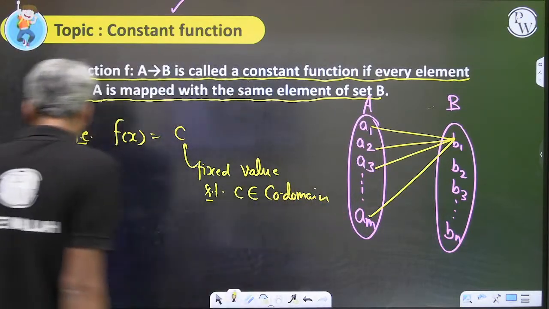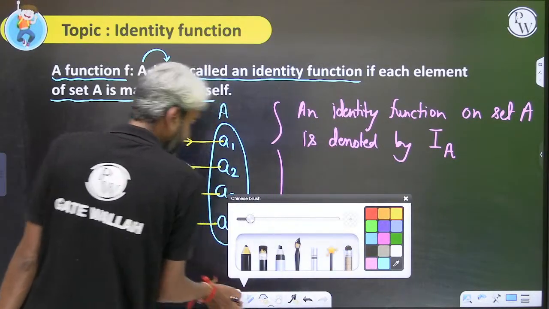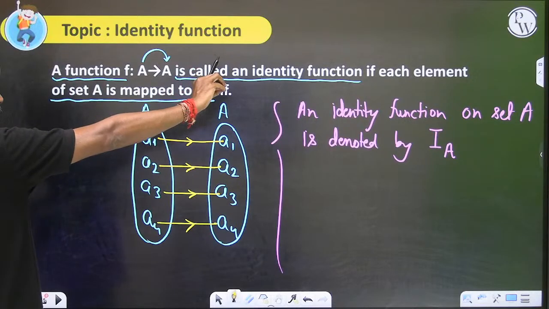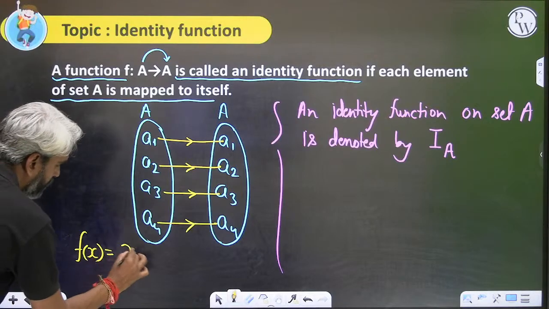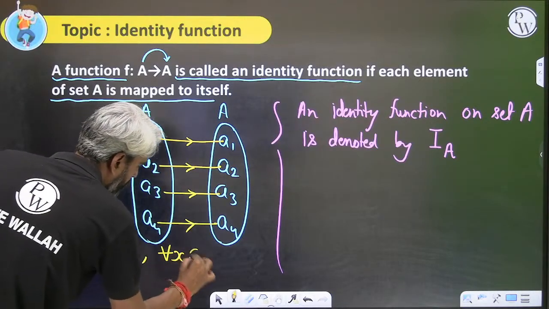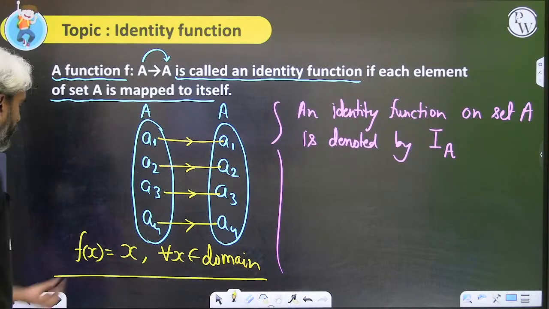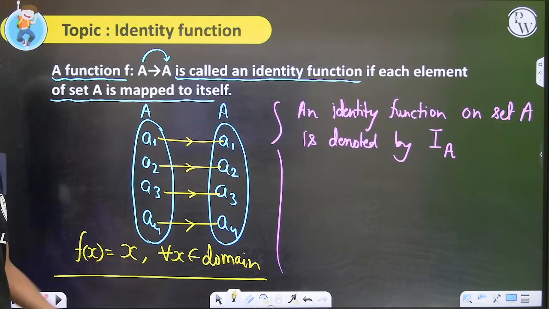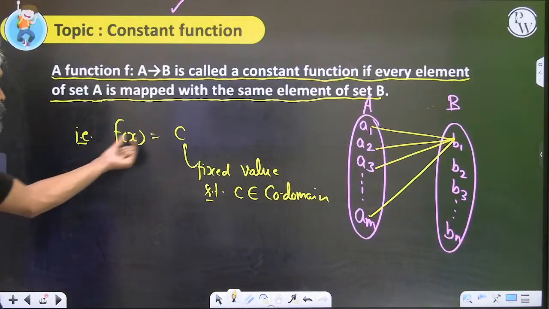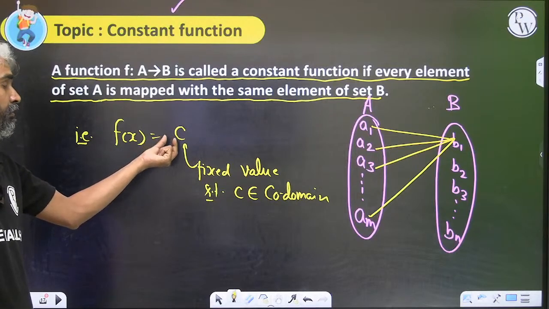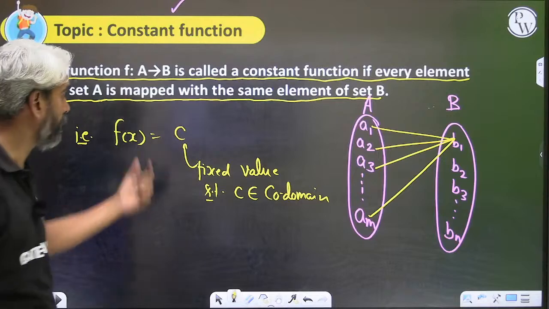We can also define the identity function in a different way. What do we mean by identity function? We can give the definition that every element of the domain maps with itself. That is, f of x equals x for all x belonging to the domain. So if every element x maps with itself, then it will be called an identity function. Similarly, if f of x is a fixed value, if the value is not going to change as we change the value of x, then it will be called a constant function.